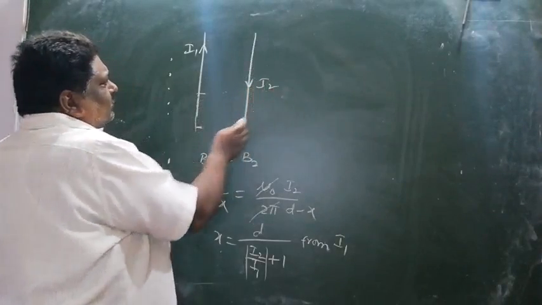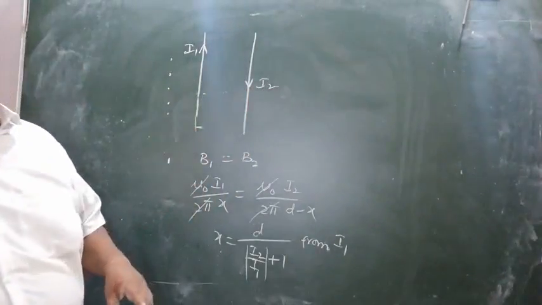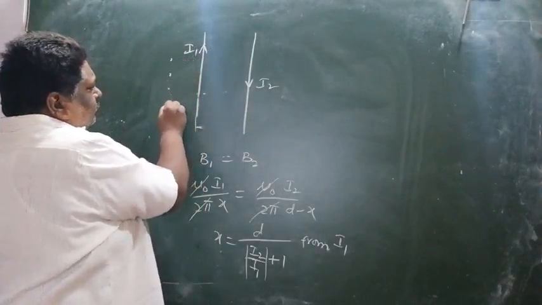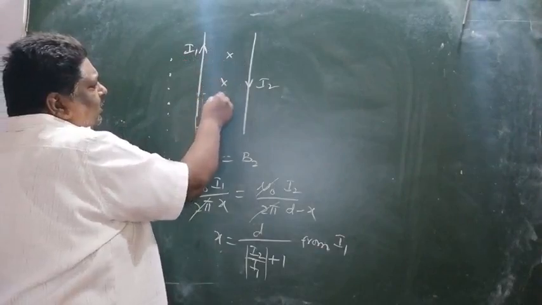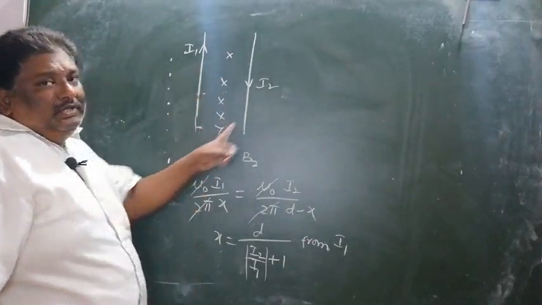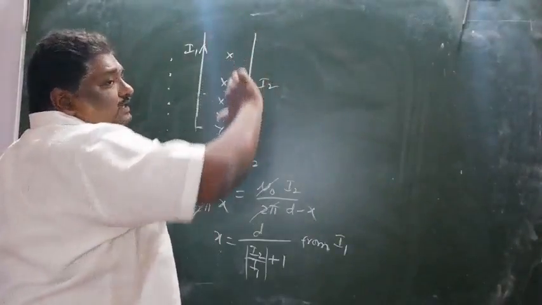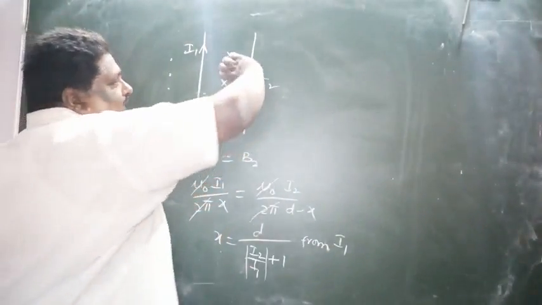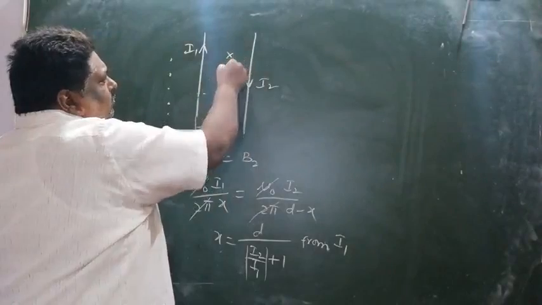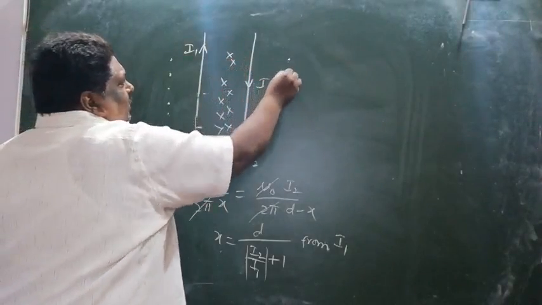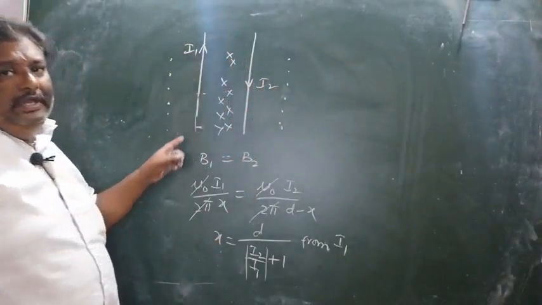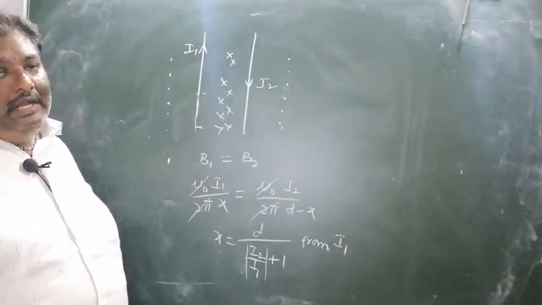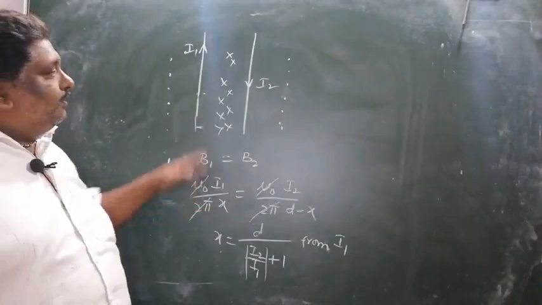Suppose currents are in opposite direction, I1 and I2. Then what happens? Here currents are in opposite direction, so the first produces dots here and crosses there. What about the second conductor? You hold it like this, thumb in the current direction, and the fingers show the magnetic field. So here also crosses, and there dots. So in between the conductors, both produce crosses, meaning no null point is formed in between them.